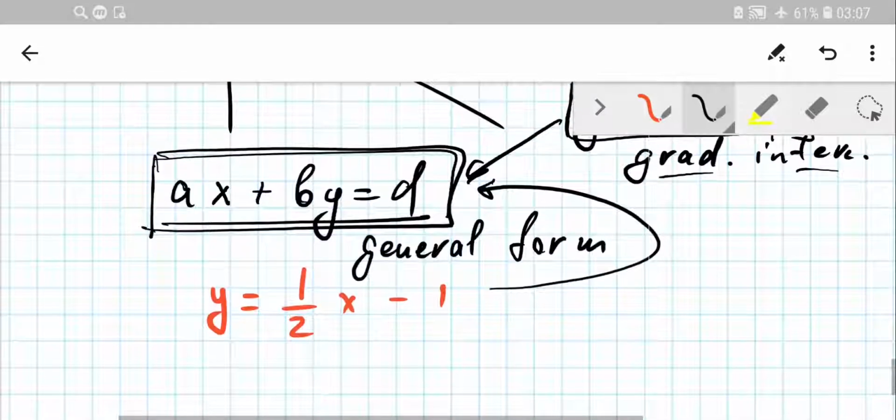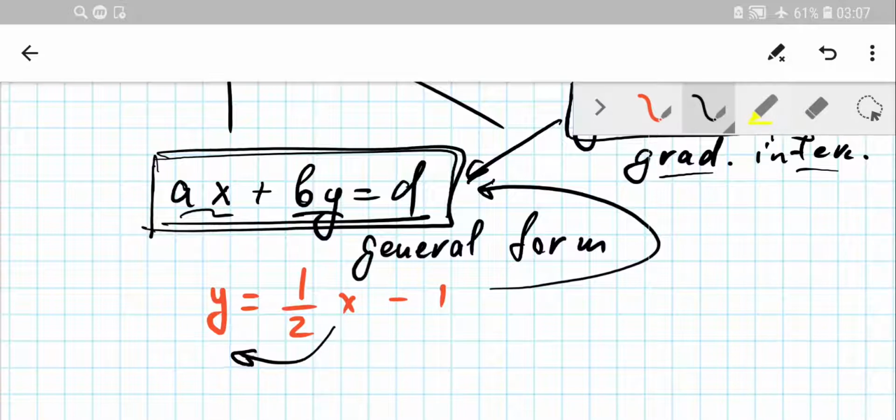You notice that both x and y should be on the left side. So logically, you need to transfer 1 over 2 x here, and you will have y minus 1 over 2 x equals negative 1.